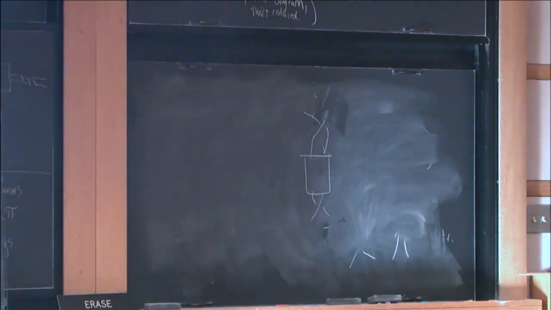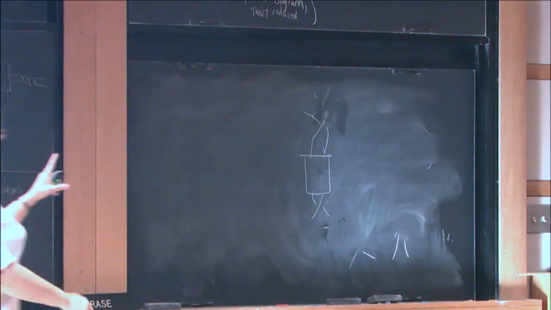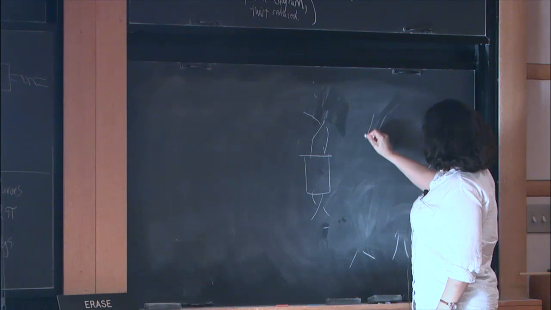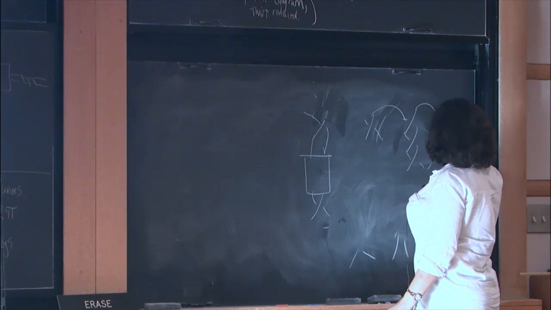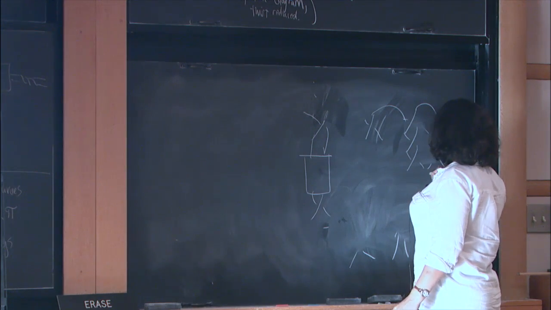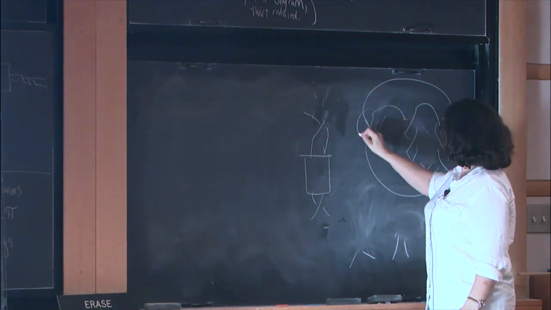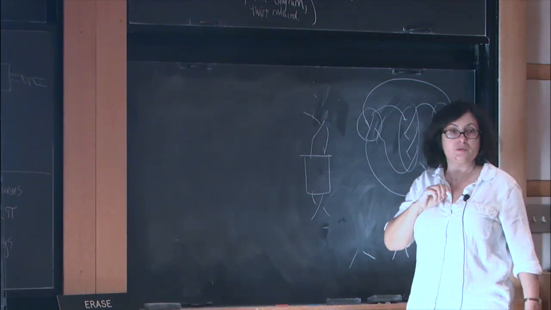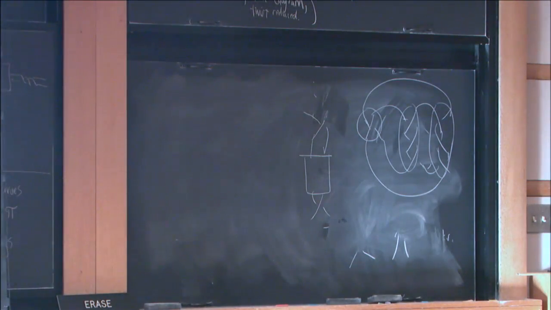Also, a crossing counts as its own twist region. There you go. So this is one crossing. So this guy still has 3 twist regions.